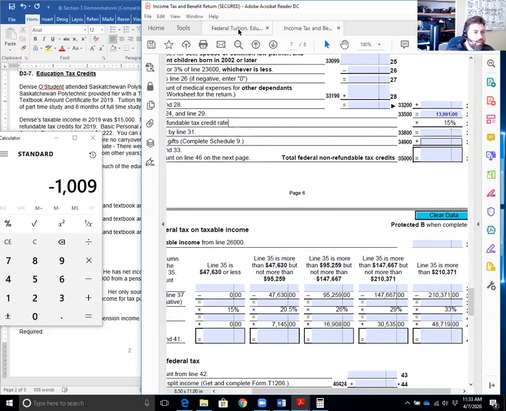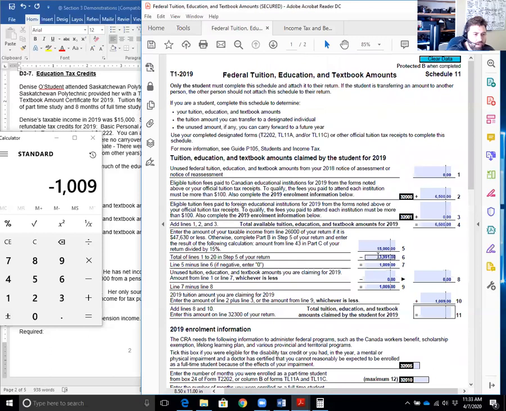So that's what essentially this is doing right here. It's saying, well, you already have these tax credits, and you can carry whatever you don't use here, these federal tuition amounts, forward to future years. So you're not going to use these.